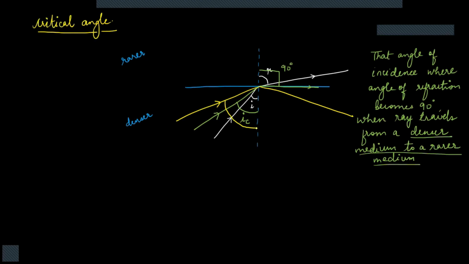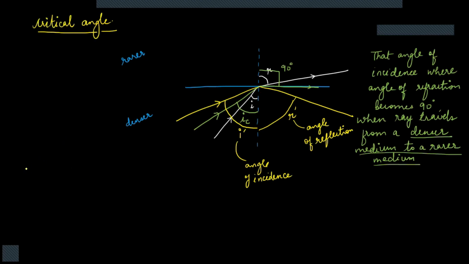So if this is I dash, this will be R dash. This I dash is the angle of incidence and this R dash is the angle of reflection. This process is called total internal reflection.